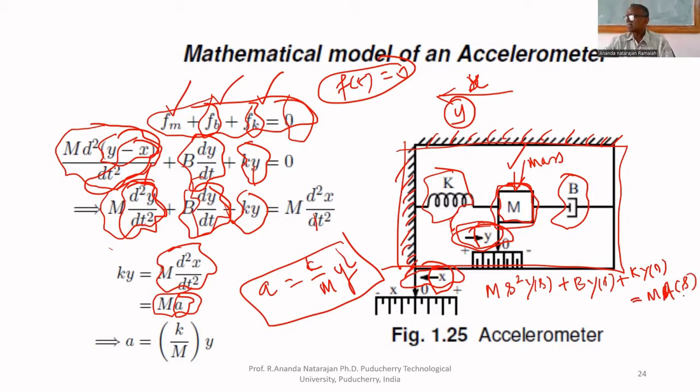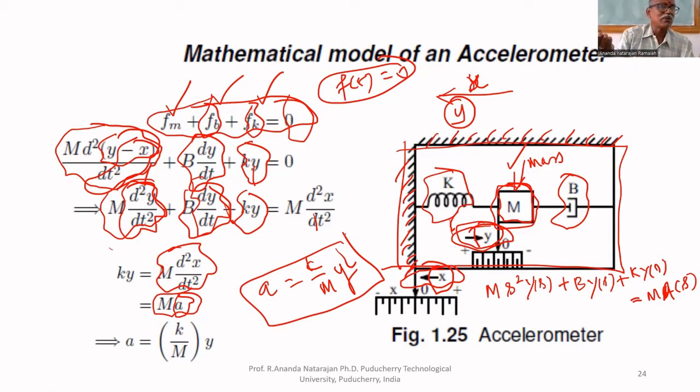A of s is acceleration; d square x by dt square can be assumed as acceleration. What is the output? Acceleration is the output. What is the input? Input is displacement y. Sorry, I said it the other way. Y is the output. Acceleration is the input.